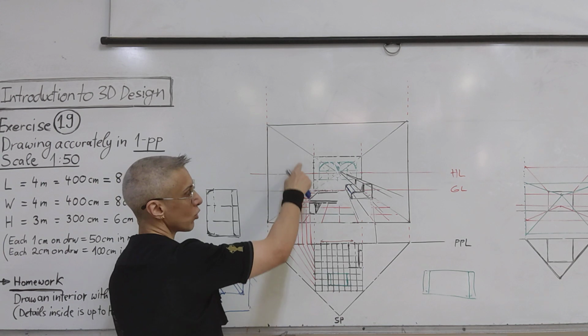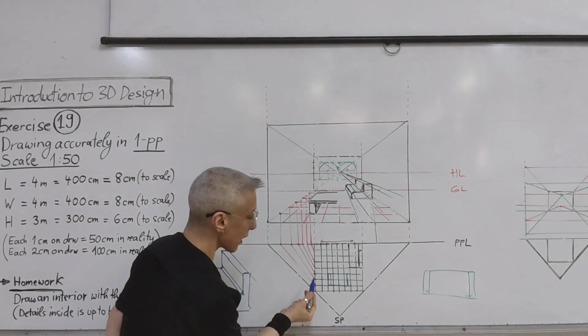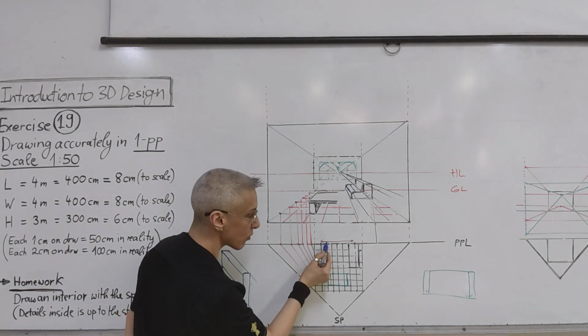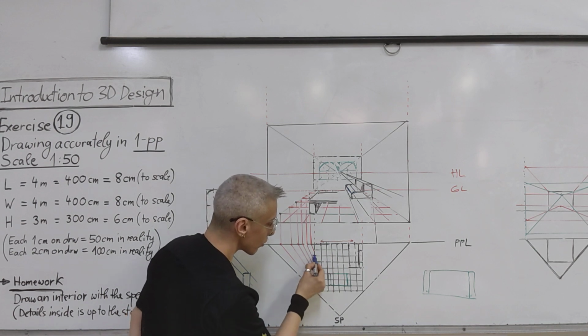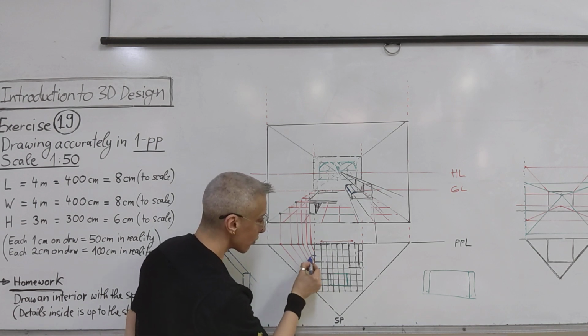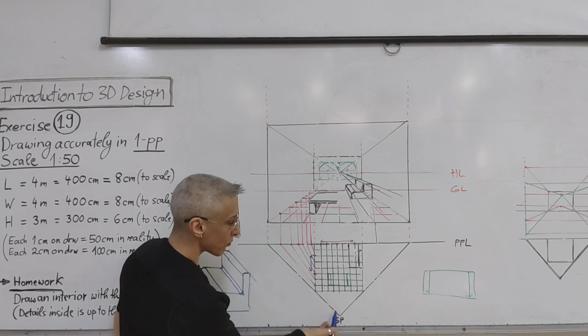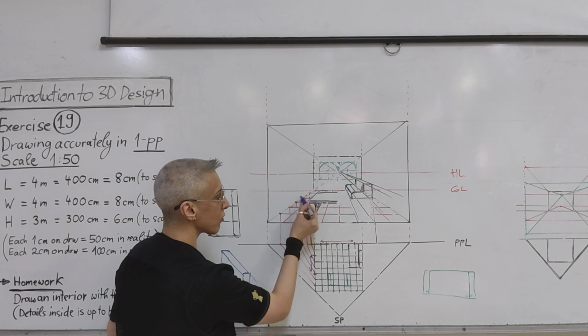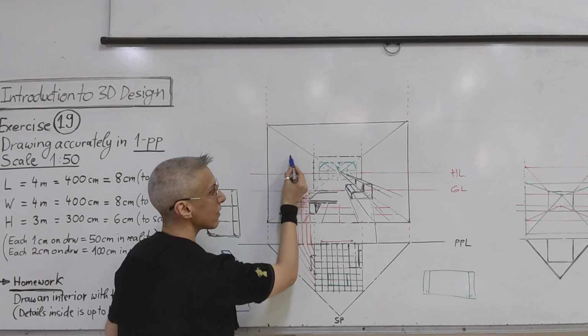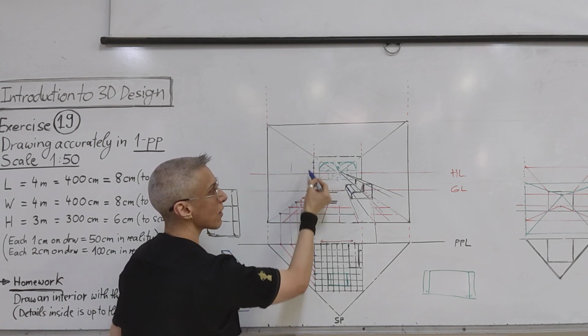Now, you might have a door here. If you have a door, again, locate it here, like the window, locate it. So for example, start here, end here, with 2 lines clearly. It will have a measurement. Then from the station point through this point, you will find where it will intersect here. And then the height of it, you will decide from here.